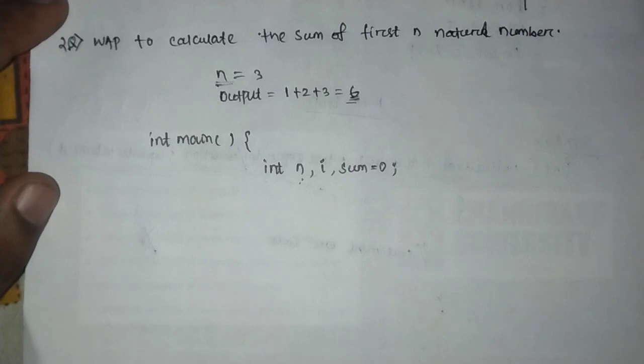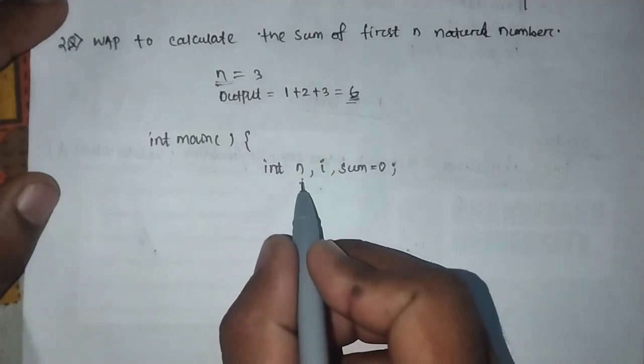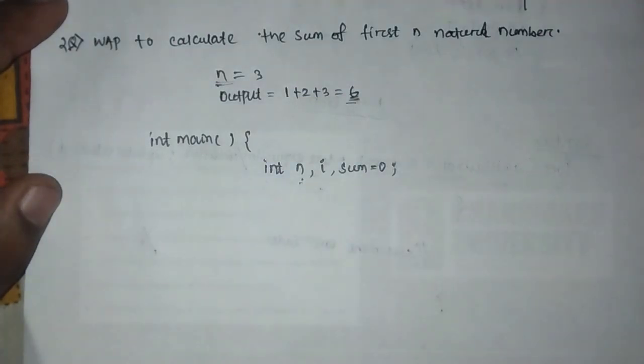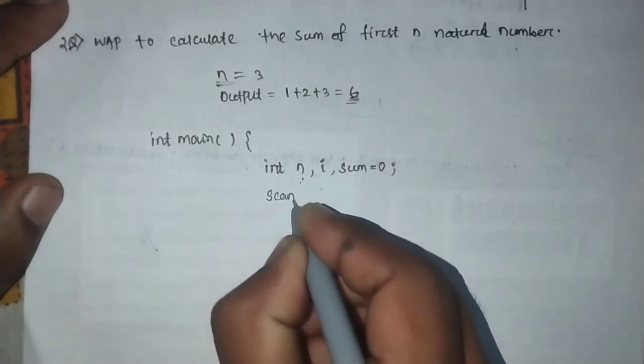Let the user give the value of n as a natural number till which he wants to add. So use a scanf statement to take input.